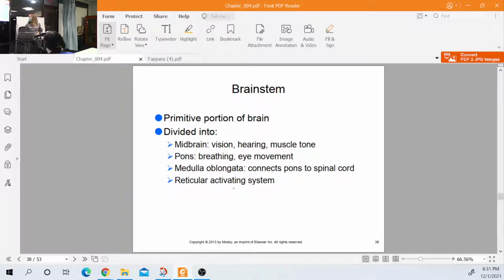The reticular activating system, the fourth one, alerts us to changes if we need to be alerted to that sound that we heard outside our window. It can help regulate our heart rate and our breathing patterns to match what we need to be doing. So it helps assist that sympathetic part of the nervous system.